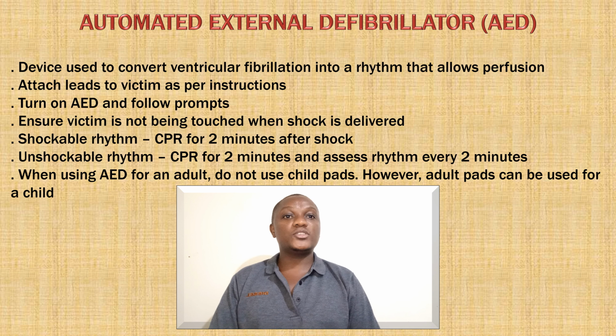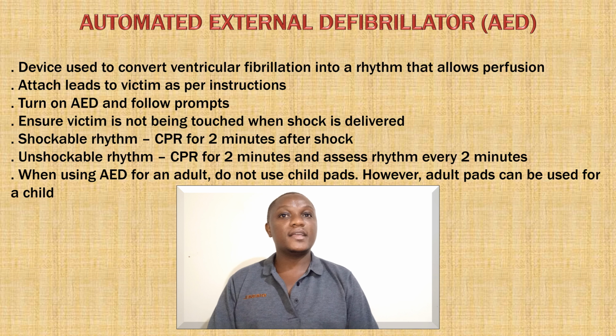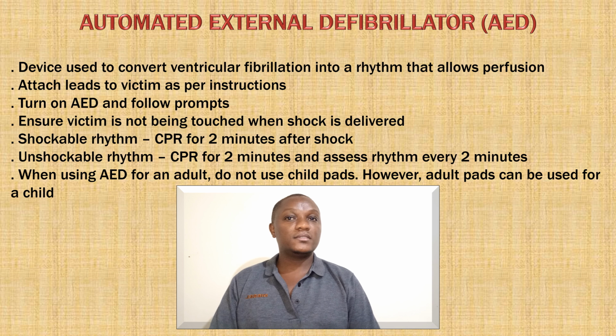When there is a shockable rhythm, do CPR for 2 minutes after the shock. For unshockable rhythm, do CPR for 2 minutes and then assess the rhythm every 2 minutes. When using AED for an adult, do not use child pads. However, adult pads can be used for a child.